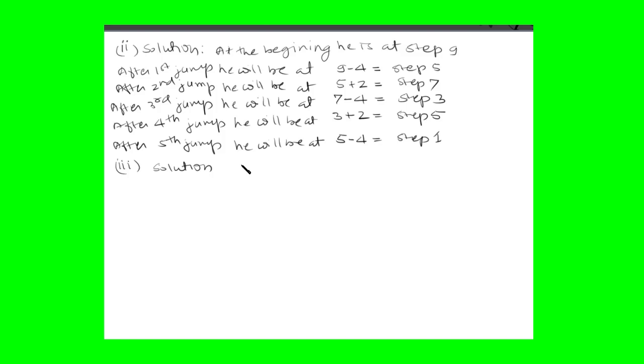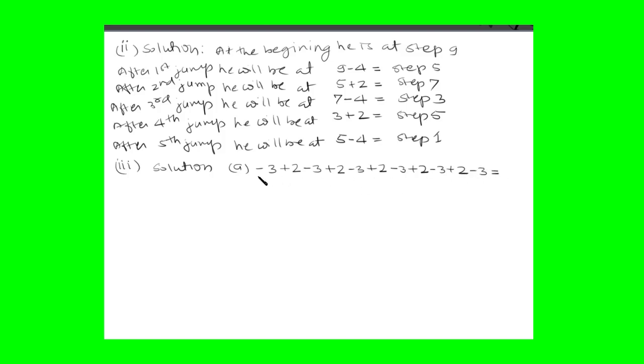So, part A: minus 3 for moving down, plus 2, and we have to bring this to 8. So minus 3 plus 2, then minus 3, then plus 2, then again minus 3 plus 2, then minus 3 plus 2, then minus 3 plus 2, then minus 3.